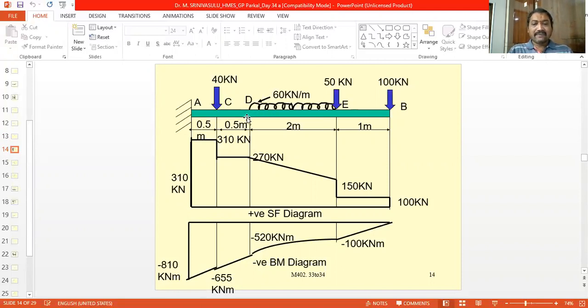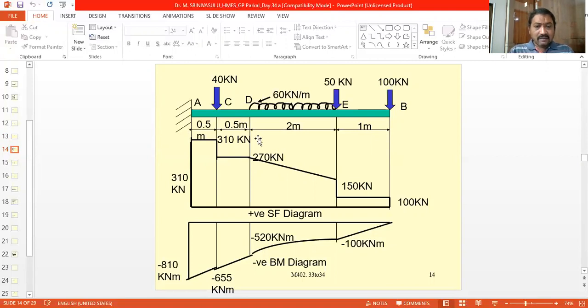Because first, 40 kN is acting at a distance of 0.5 meters. Then another point load of 50 kN is acting at a distance of 3 meters. And another 100 kN point load is acting at the free end. And that is nothing but at a distance of 4 meters from the fixed end.